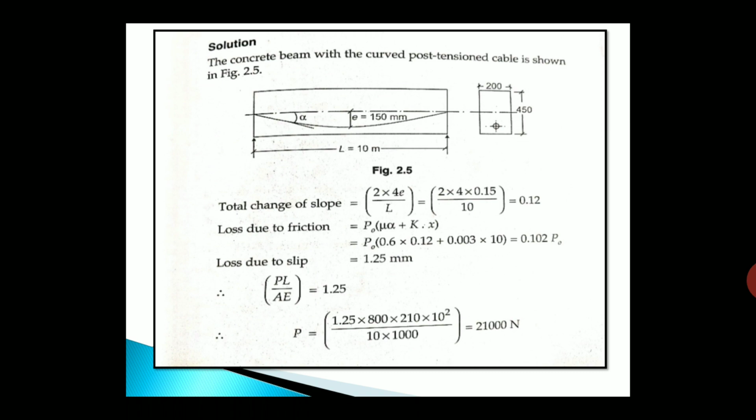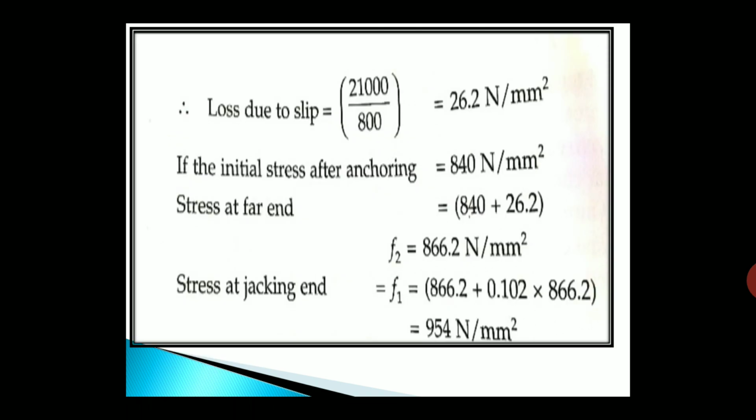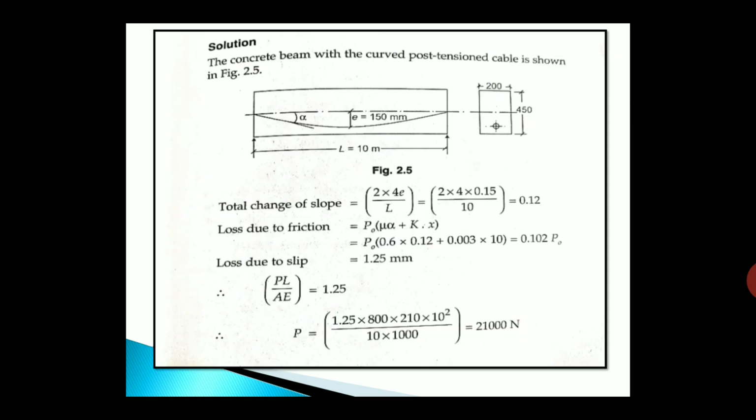Then loss due to slip is given as 1.25. Therefore, using the delta formula, the total loss due to slip we can find. Firstly, PL by AE is equal to 1.25.